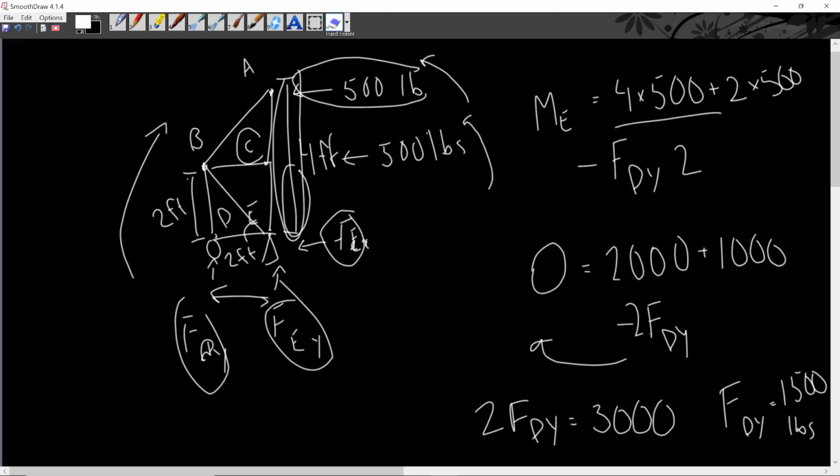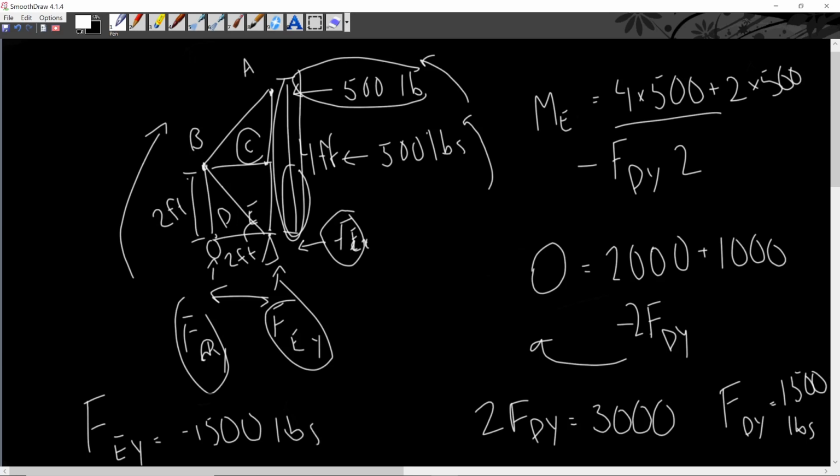So if Fdy is equal to 1,500, well, let's write in 1500 now. 1500 plus Fey is equal to 0, which means that if you subtract 1500 from both sides, then you have Fey is equal to negative 1500.